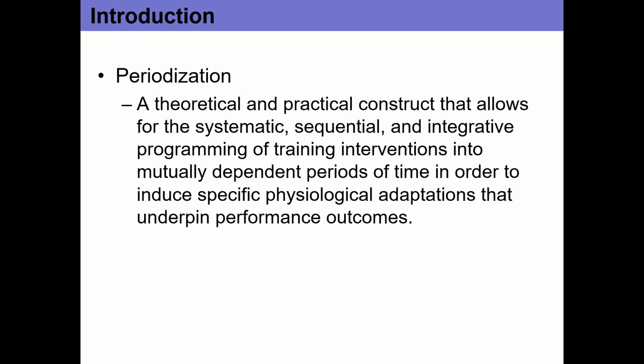And then during the main part of the competitive season, we try to hang on to the gains that they've made. During the postseason or the transition phase, we're going to have them try to engage in some active recovery so they can have some physical rest, mental rest, and then may rehabilitate any injuries if they have them. So that's the idea of periodization, dividing the training year into different periods with different goals for each period.